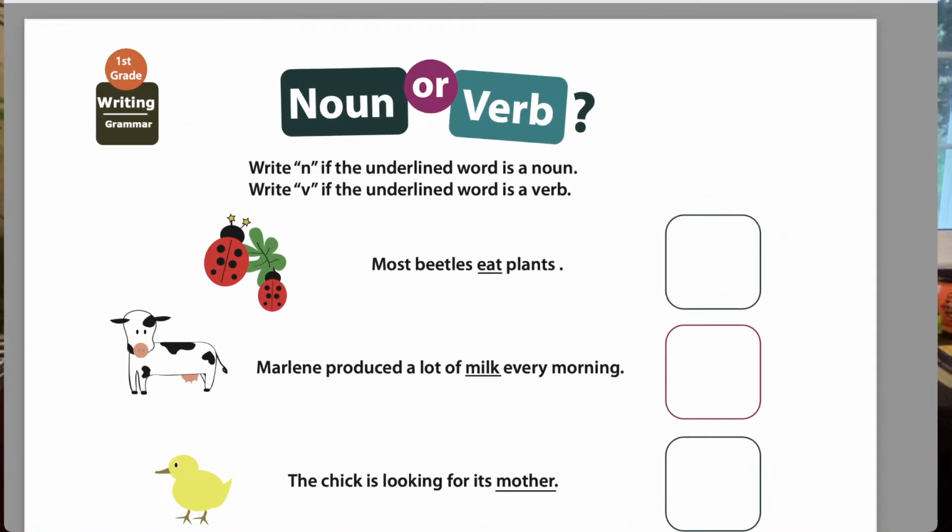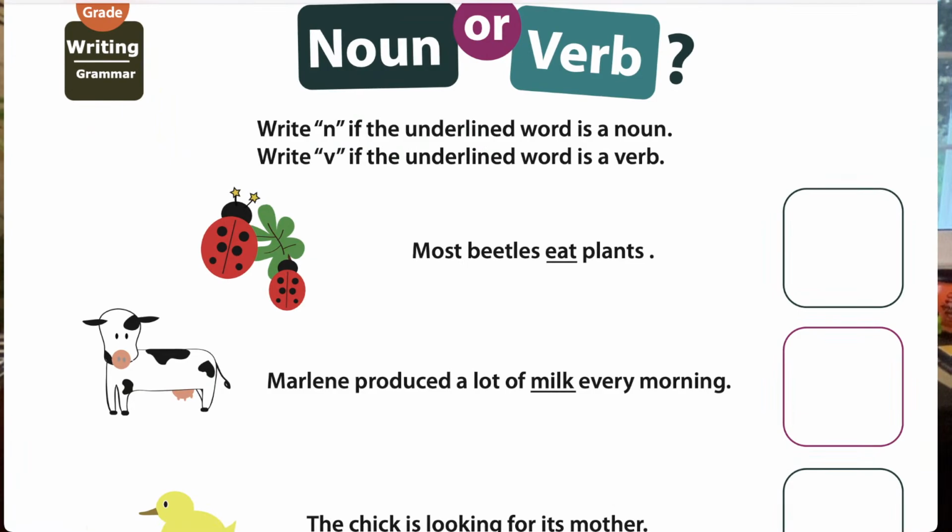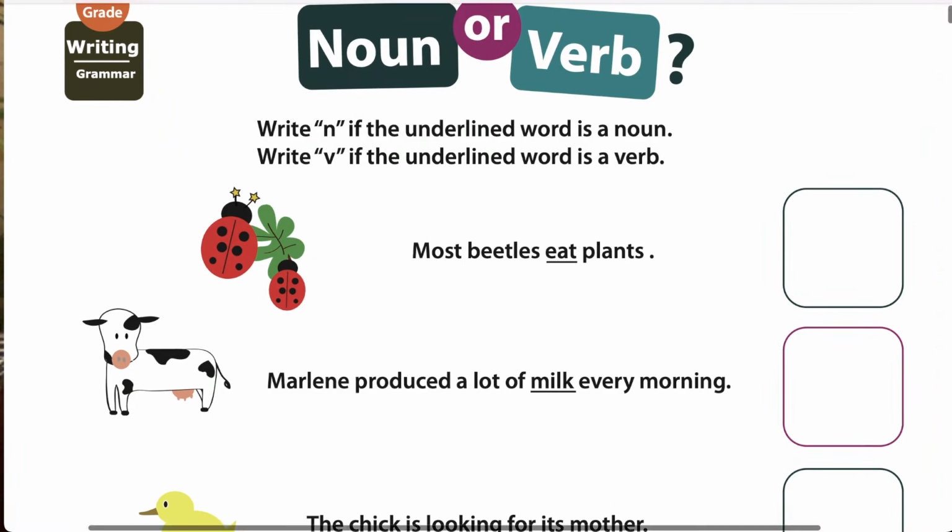I feel like we must have completed this before. Write an N, yeah, we did. Write an N if the underlined word is a noun, a V if the underlined word is a verb. Most beetles eat plants. I can see a beetle eating a plant, so I know eats is the verb, right?